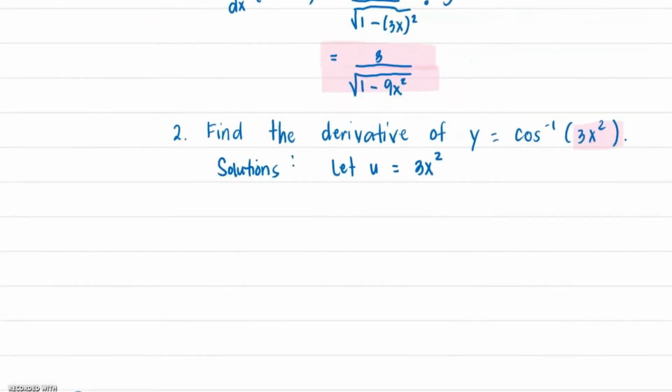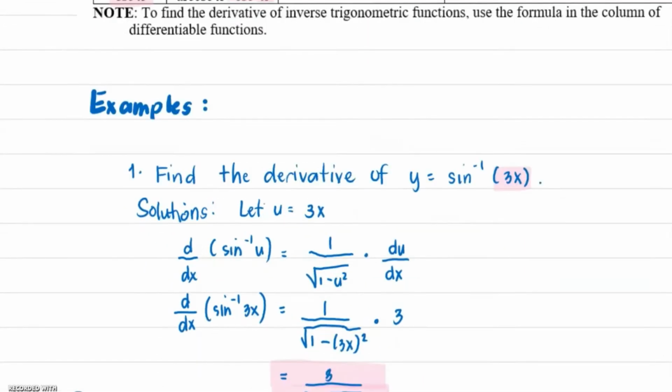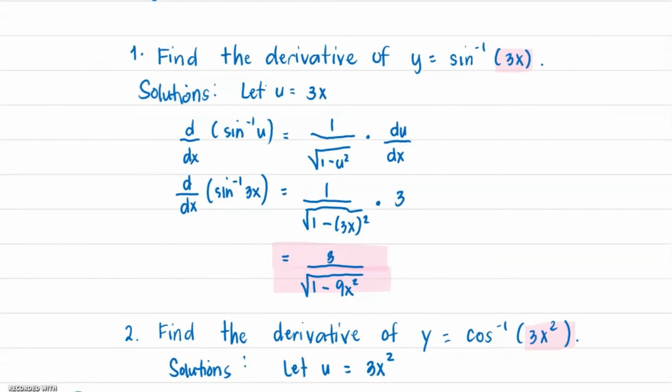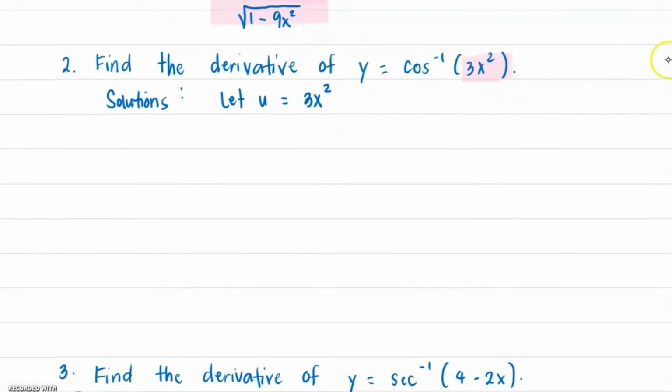So according to our table, alright, so we have here the derivative of arc cosine u is equal to negative 1 over the square root of 1 minus u squared times the derivative of u with respect to x. So let's use that formula.